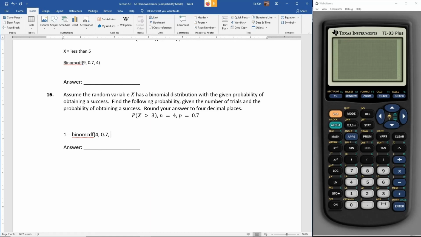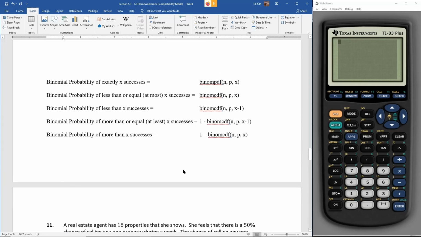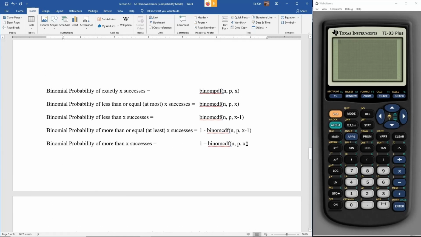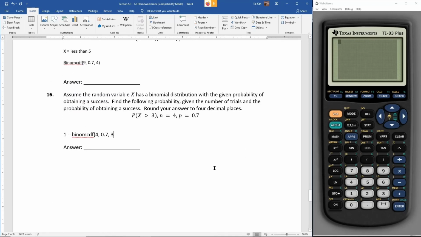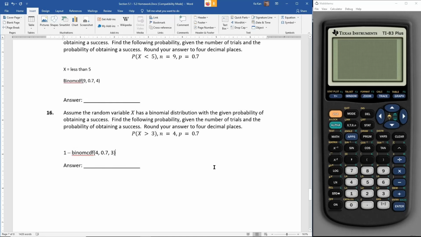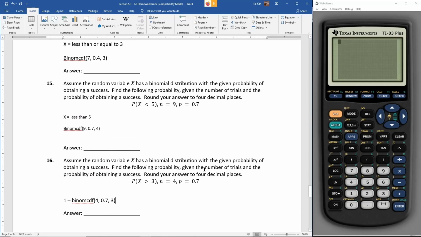And if you go back and look, more than has no minus 1 here. It's just x. So in our case, it will be just 3. Then just put those in the calculator and you'll get the answer. And that's the end of binomial. It is a little bit tricky. The computation is not difficult. The concept is what you have to think about. But repeat those for your problems and you should be fine.